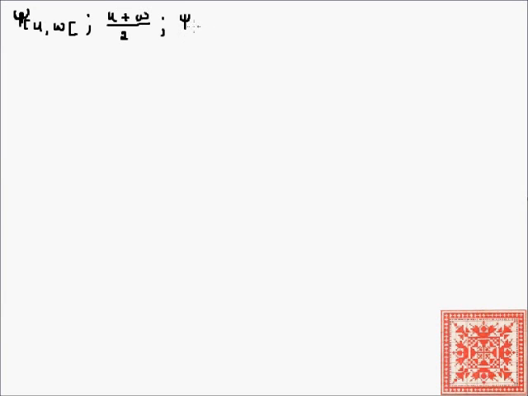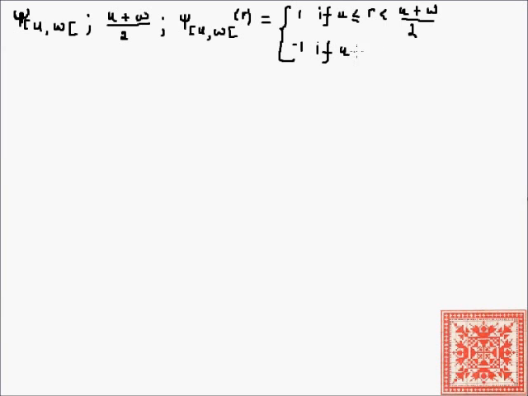Then psi, the basic wavelet, from u included to w excluded, is defined as, for some value r, equal to 1 if r is greater than or equal to u but strictly less than the half point (u + w)/2, and minus 1 if r is greater than or equal to (u + w)/2 and strictly less than w, because we have u included and w excluded.